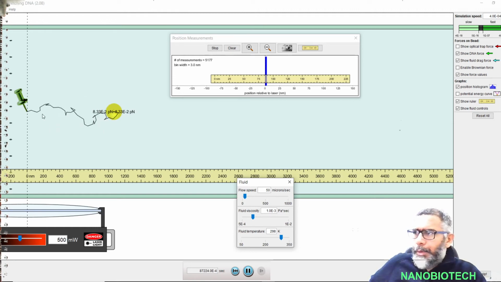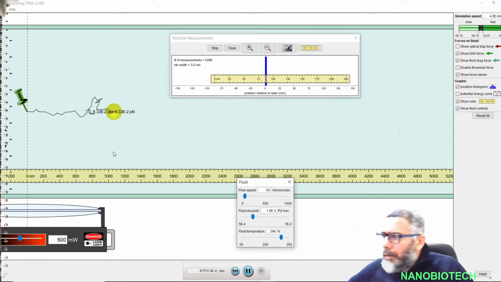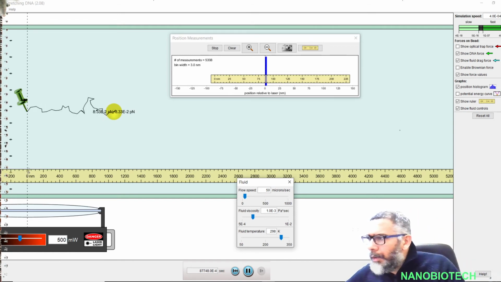Can you measure the position with respect to some reference point? Yes, you can. For example, with respect to this point, the sphere is at like 1000, maybe 1050, 1100, somewhere between 1050 and 1100.